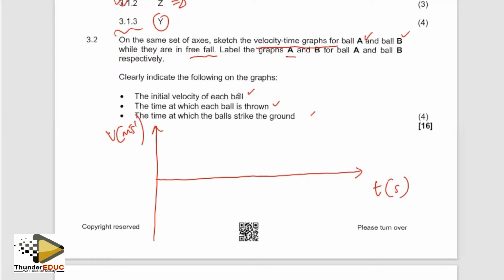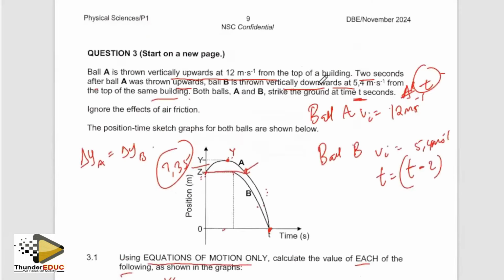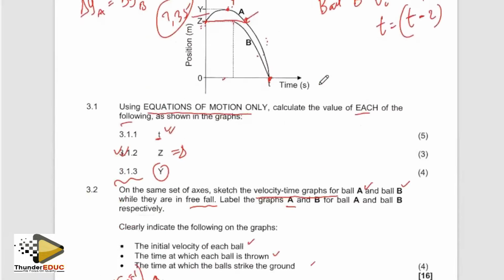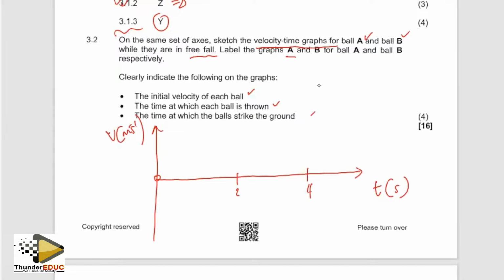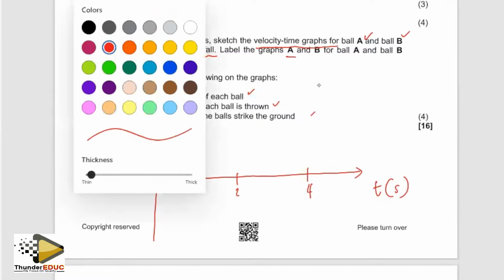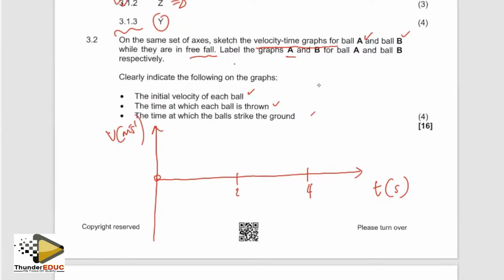Now, do we need to do further calculations as in the time? I doubt whether that will be necessary. So we know that it takes 4 seconds, right? If that is 4, and then halfway, that's when the second ball is projected, because they told us 2 seconds later. All right, so initially for ball A, the initial velocity was 12.